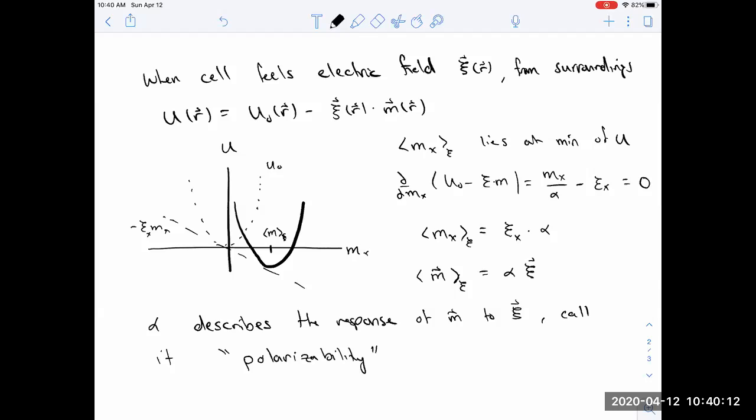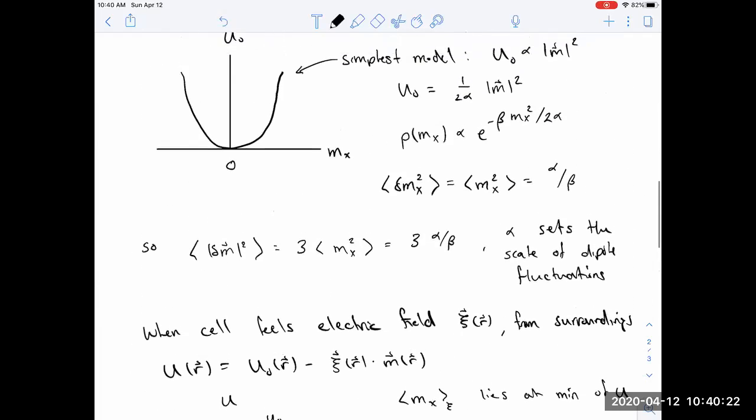Now, notice what we've also just arrived at. The average dipole due to adding a field was given by alpha, but also the mean squared fluctuations of the dipole in the absence of a field was proportional to alpha and a factor of kBT.